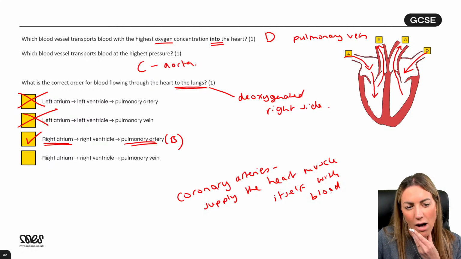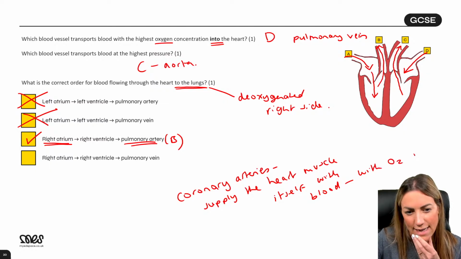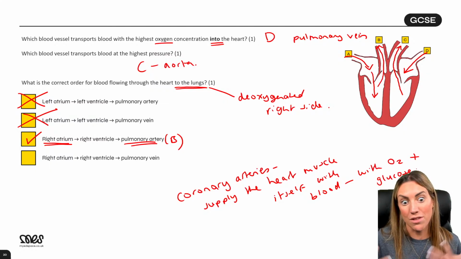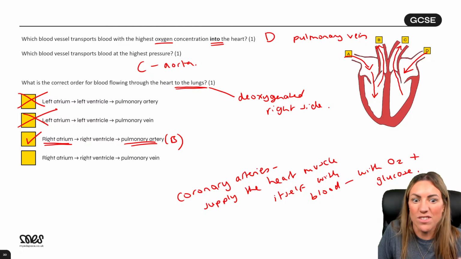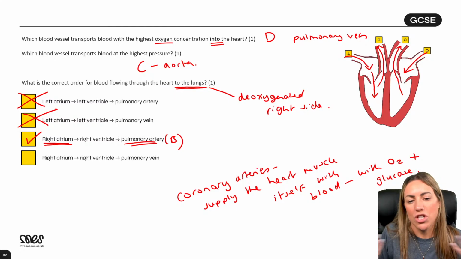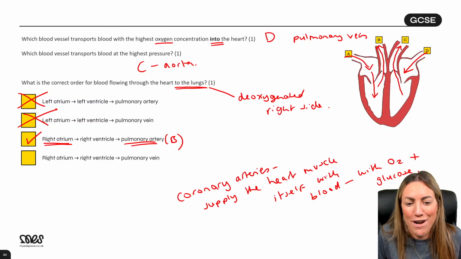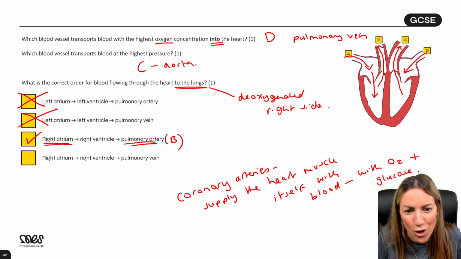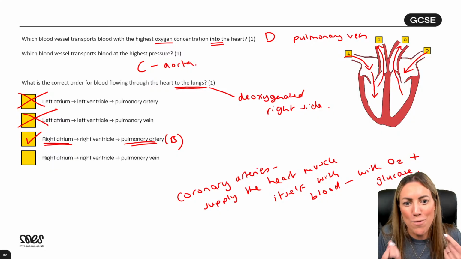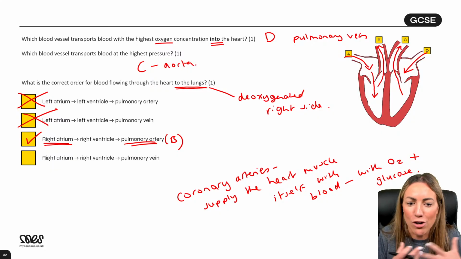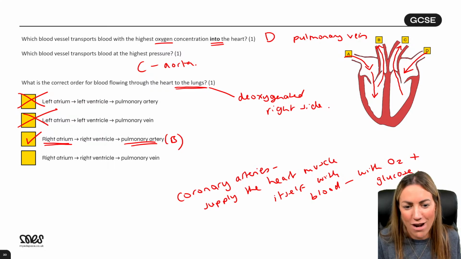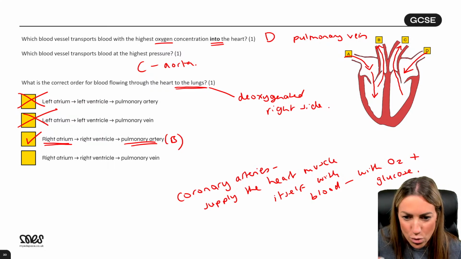They supply the heart muscle itself with blood, which obviously contains oxygen and glucose, so that the heart muscle cells can get oxygen and glucose for their own respiration, because the heart needs energy to contract. If it didn't get its own blood supply, it wouldn't have oxygen and glucose for aerobic respiration, and then it wouldn't have energy to contract.